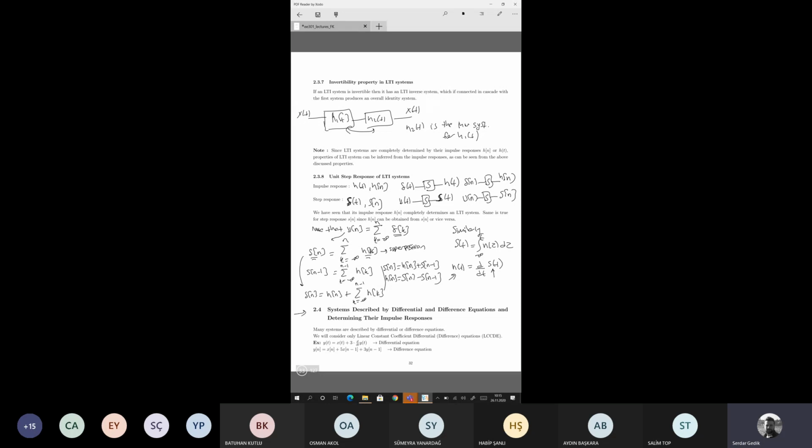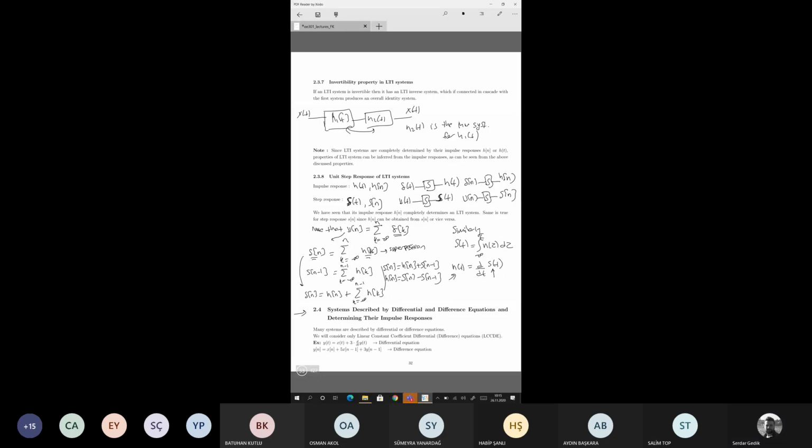Well, the next section is systems described by differential and difference equations, and we will try to define their impulse responses. So if you have a differential or a difference system, you can find corresponding impulse responses under certain conditions, and we will analyze this.